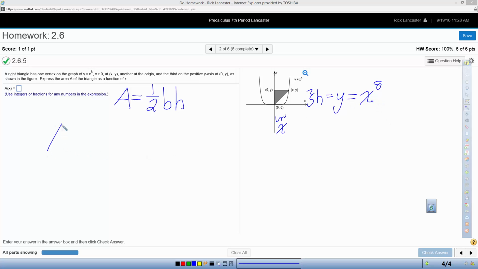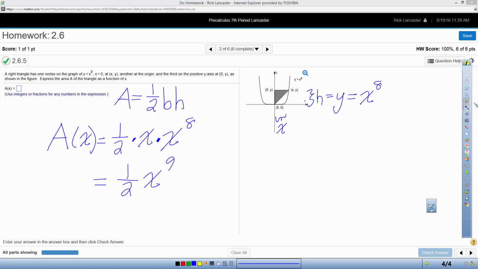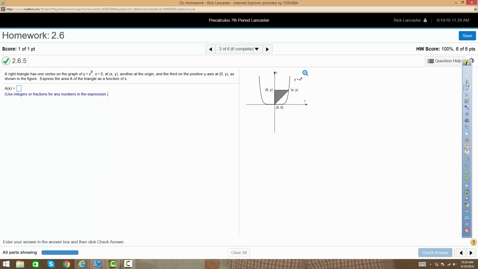So if I want to write the area of this triangle as a function of x, it's going to be 1/2 times the base length, which is x, times the height, which is x to the 8th. If we simplify that, that's going to be 1/2 x to the 9th. And we'll go try putting that in for the book.